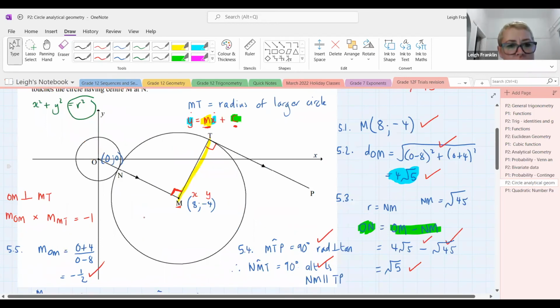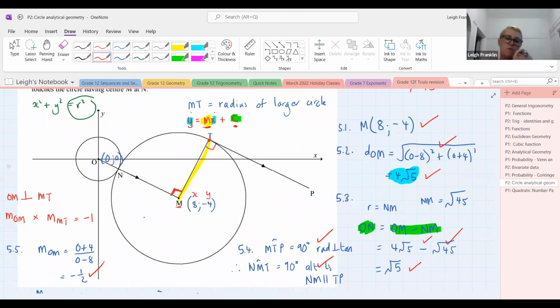So if we go back and have a look at the coordinates of T, what does the point T represent for us? What is T? What happens at T? Absolutely, it's where the tangent does what to the circle?